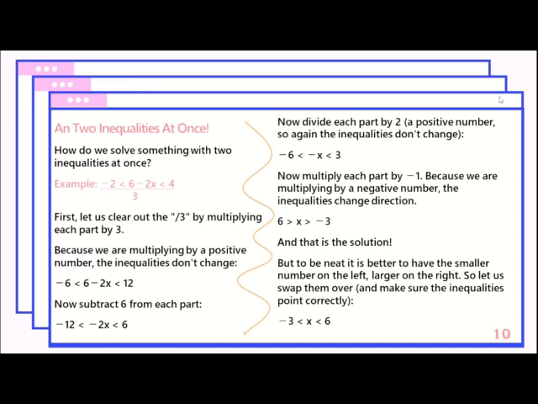And that is the solution. But to be neat, it's better to have the smaller number on the left, larger on the right. So let us swap them over and make sure the inequalities point correctly. x greater than minus 3 less than 6.